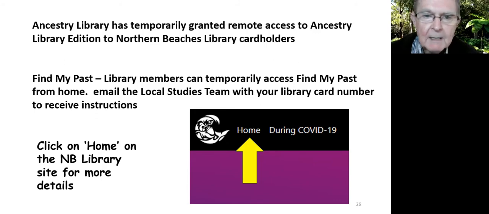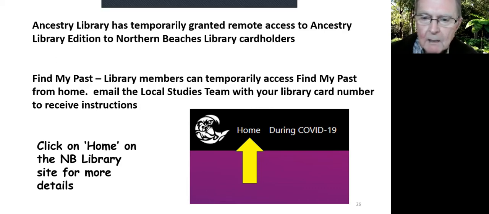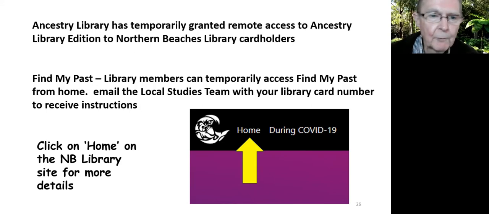Also, Find My Past library members can temporarily access records by writing to the Social Studies team and asking for access. Now, on the home page of the Northern Beaches Library, you click on Home, and that will open up more details of how you can access Ancestry. So that's a wonderful facility that the library has provided for people who are library card holders.